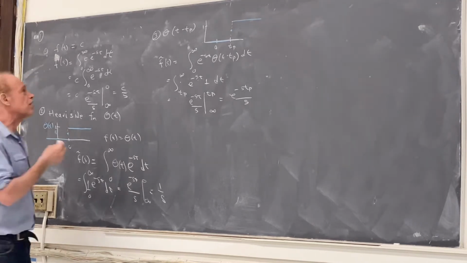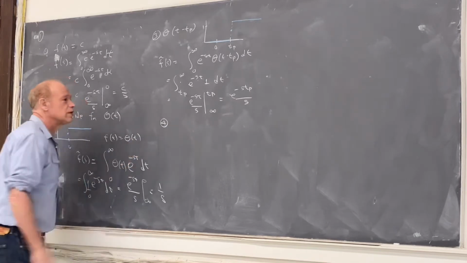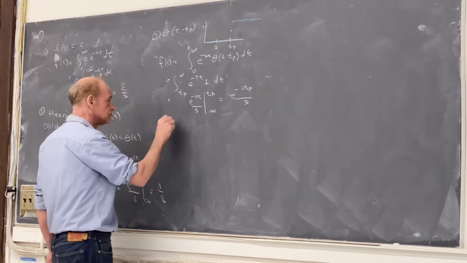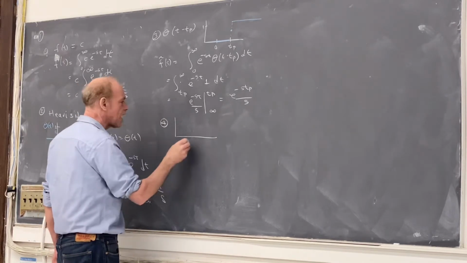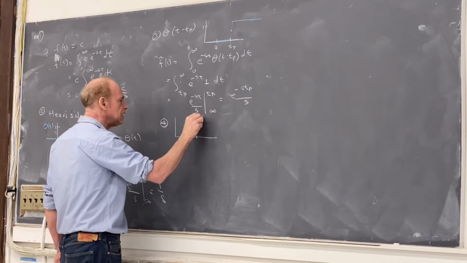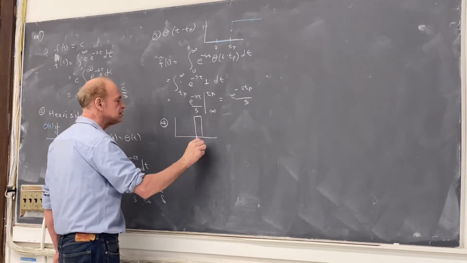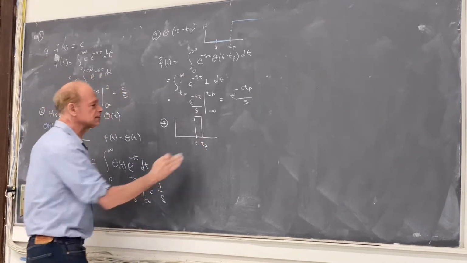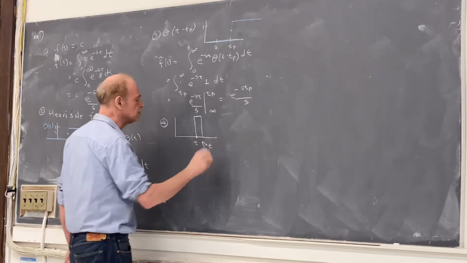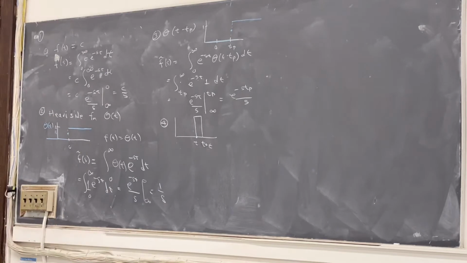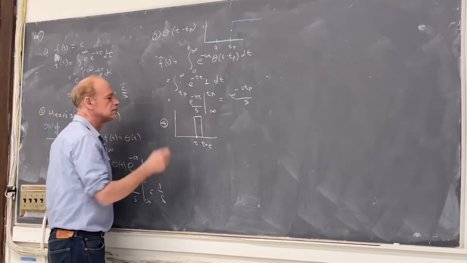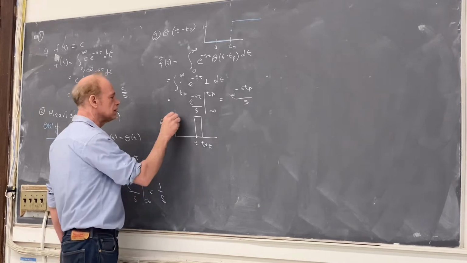Now let's construct an interesting function. I would like to construct a function from t to t plus epsilon, and I would like to make its height 1 over epsilon.